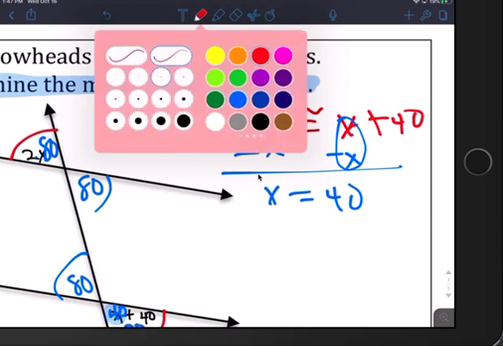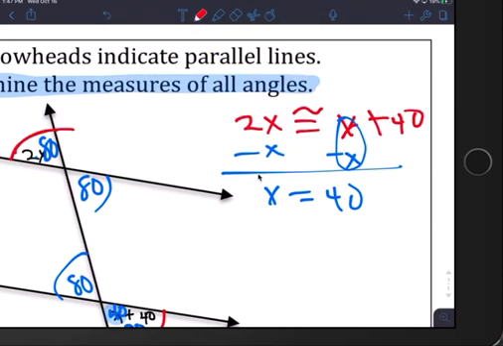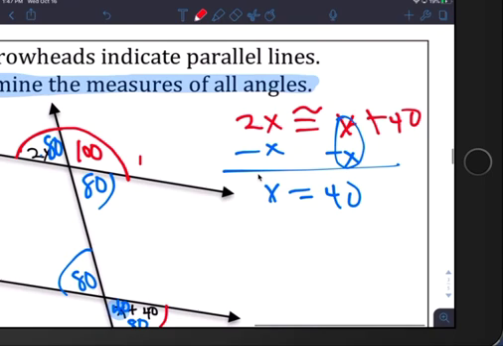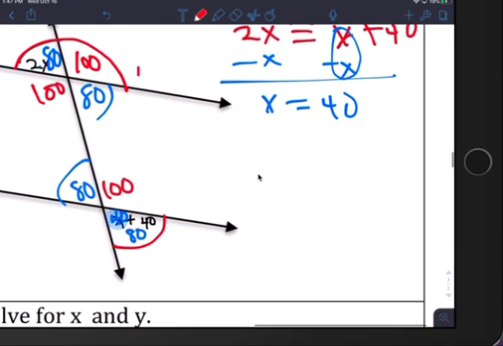Okay, and then supplementary angle is 100. And all the other one is 100, right? 100 plus 80 is 180, remember?